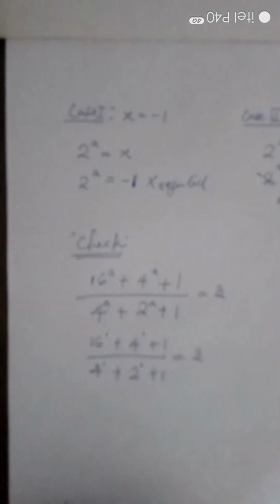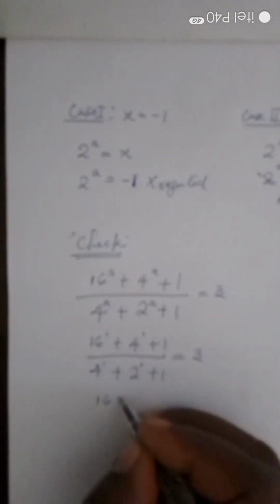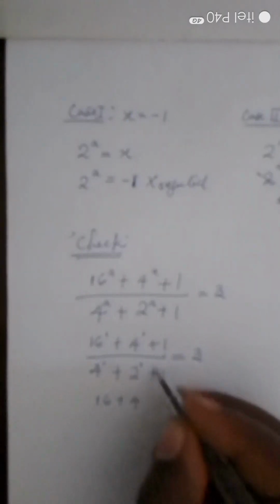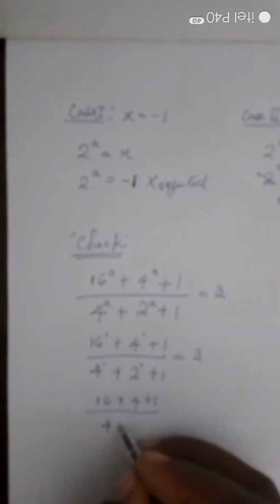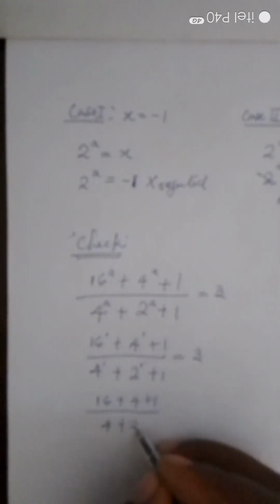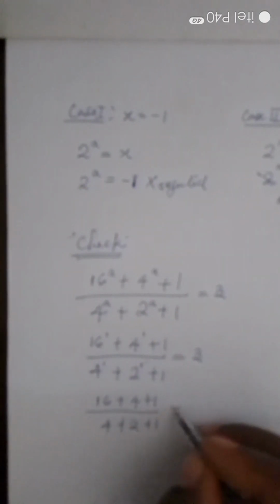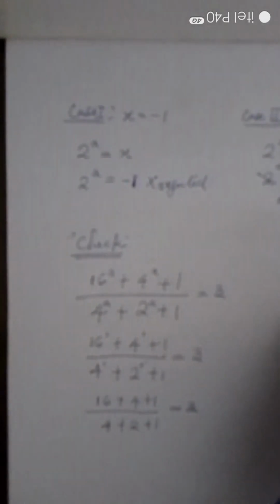So 16 to the power of 1 is 16, 4 to the power of 1 is 4, then plus 1. In the denominator, 4 to the power of 1 is 4, plus 2 to the power of 1 is 2, and plus 1.